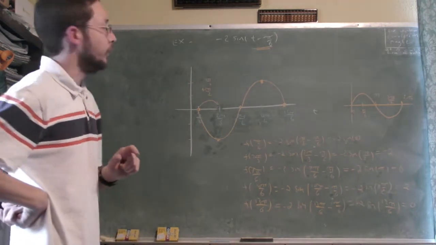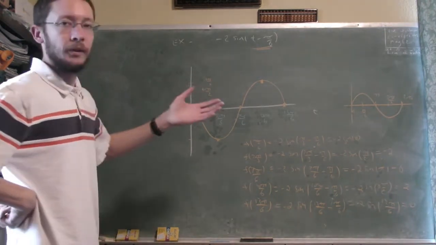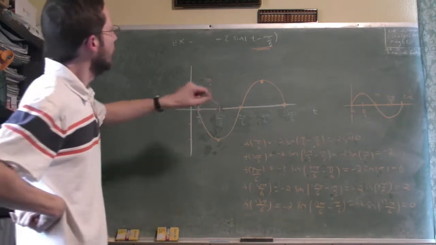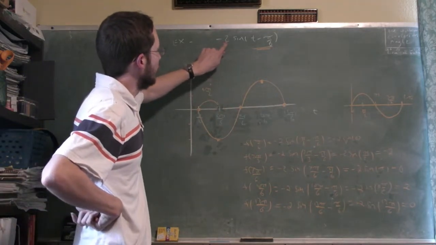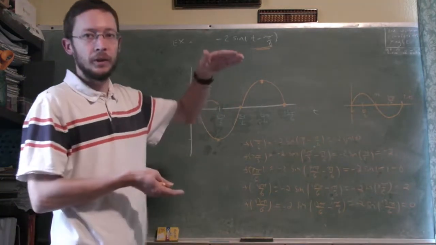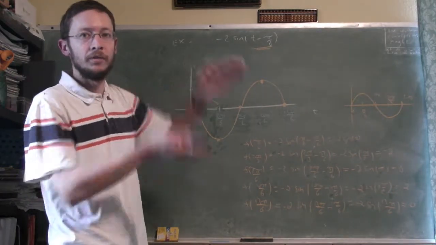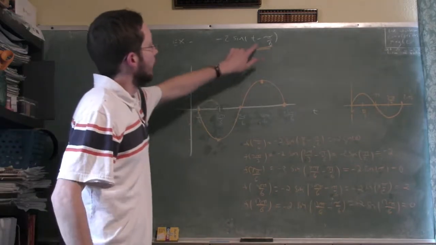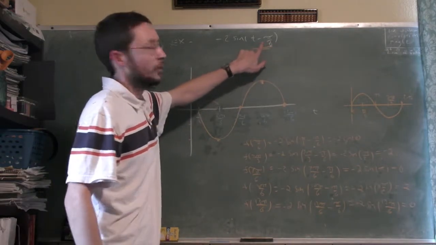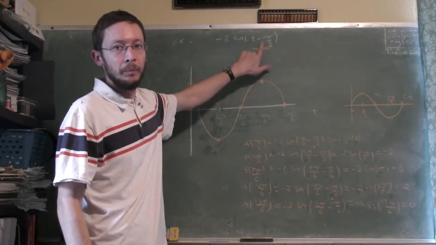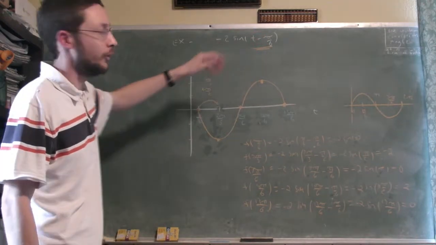Now what you do is you say, okay, I know all the properties this is supposed to have, right? First of all, the 2 says it's going to be stretched vertically by a factor of 2. The negative says it's going to flip vertically. The t minus pi over 6 says it's going to shift right by pi over 6 units. And so what has happened in this graph?